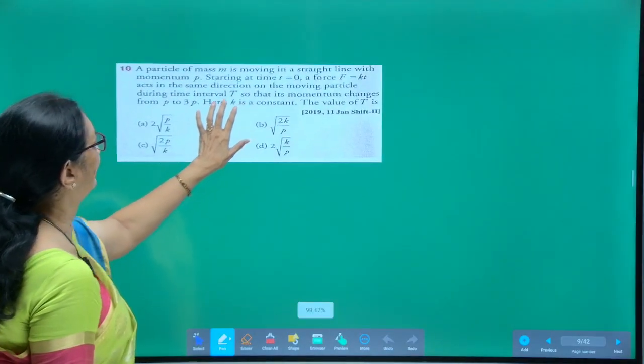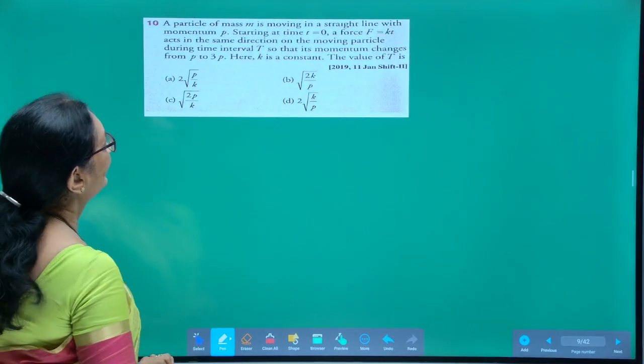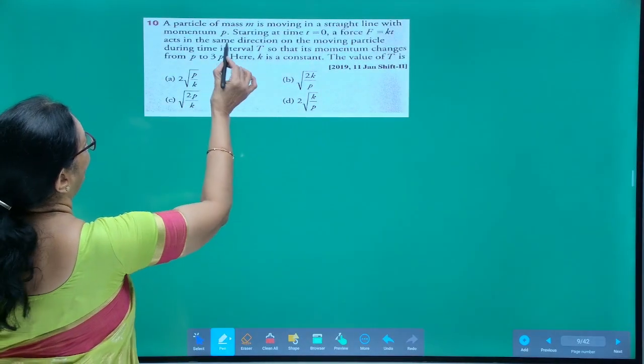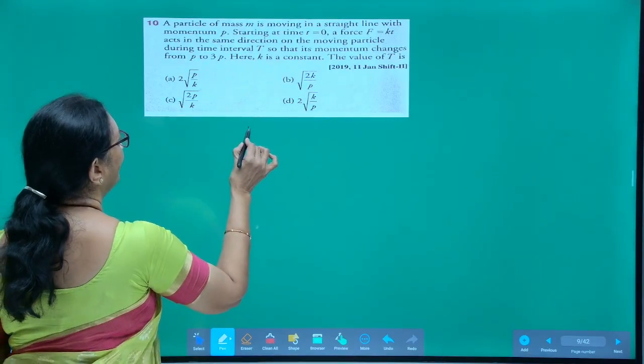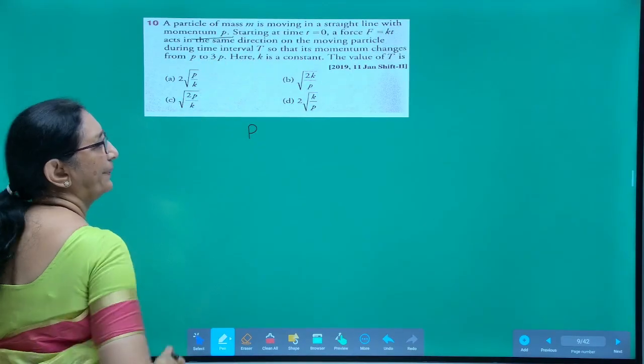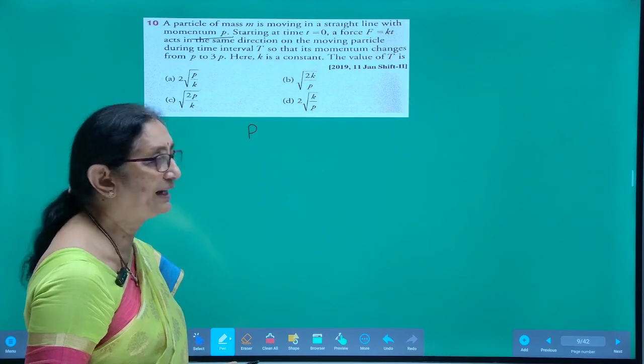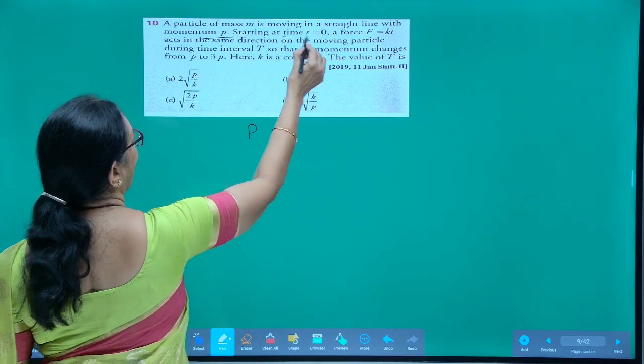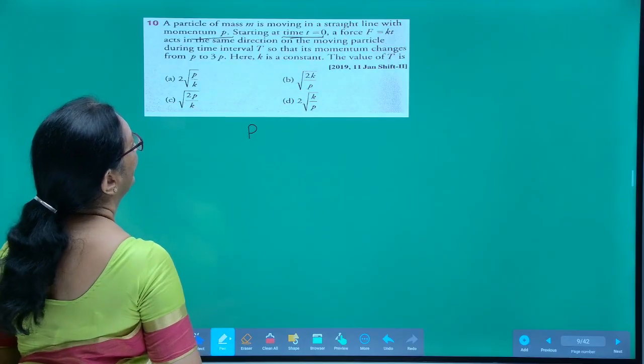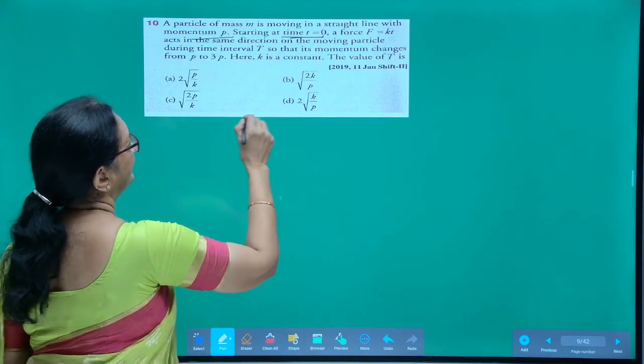A particle of mass m is moving in a straight line with momentum p. Momentum of the particle is given as p here. Starting from time t is equal to 0, initial velocity is 0.